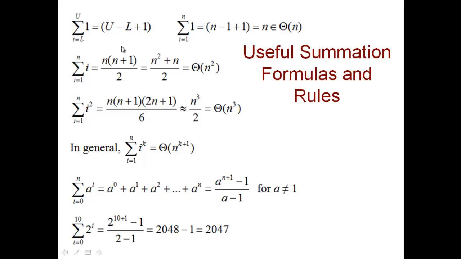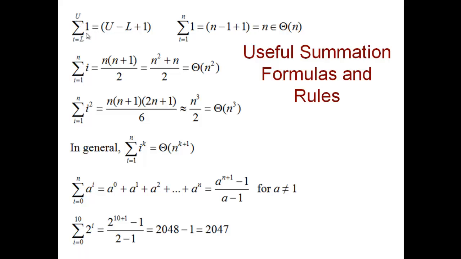So if you have something like this, a sigma with index i equals L to U. So it's like a lower limit or lower bound, and this is the upper bound or upper limit.